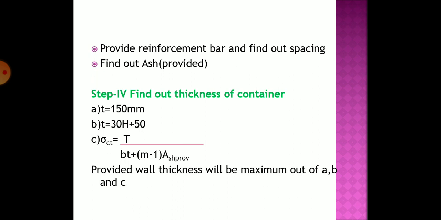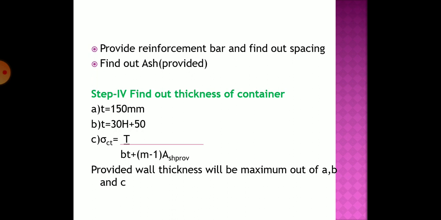And in C there is one formula, that is sigma ct is equal to T upon Bt plus (m minus 1) ASH provided. Sigma ct we have already determined in step number 1, that is given in IS 3370 part 2, table 1. T means the maximum hoop tension. B means the width, that we have taken as 1000 mm.